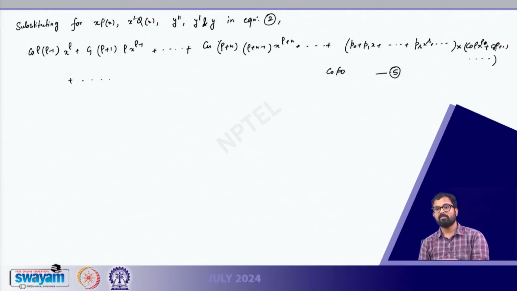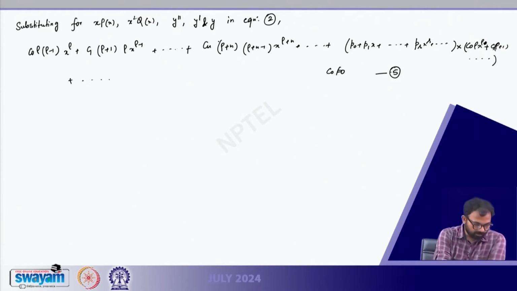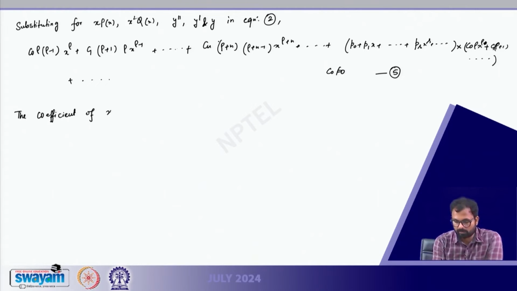You put all those values and you will end up getting a very big expression here. Now, the coefficient of x to the power rho in equation 5 is C0 into rho into rho minus 1.